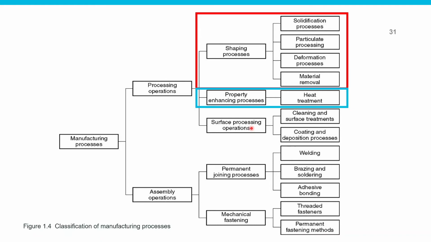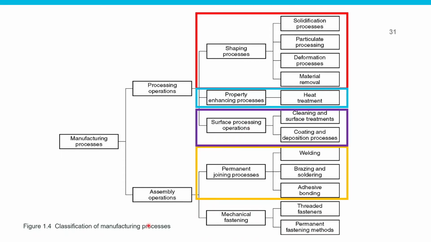Property enhancing processes include heat treatment, and surface processing operations consist of cleaning and surface treatments, coating, and deposition processes. The assembly operations consist of permanent joining processes and mechanical fastening. The permanent joining processes consist of welding, brazing and soldering, and adhesive bonding, and mechanical fastening covers threaded fasteners and permanent fastening methods.